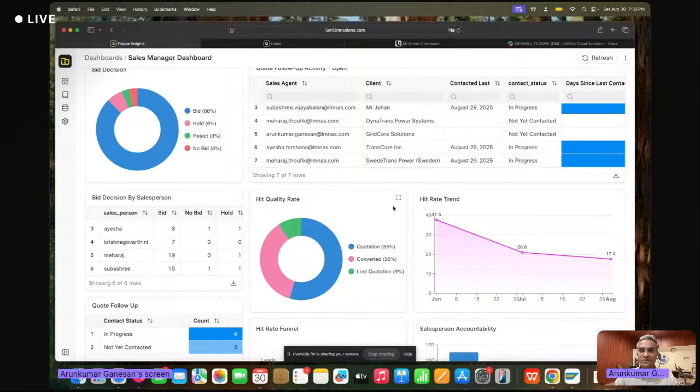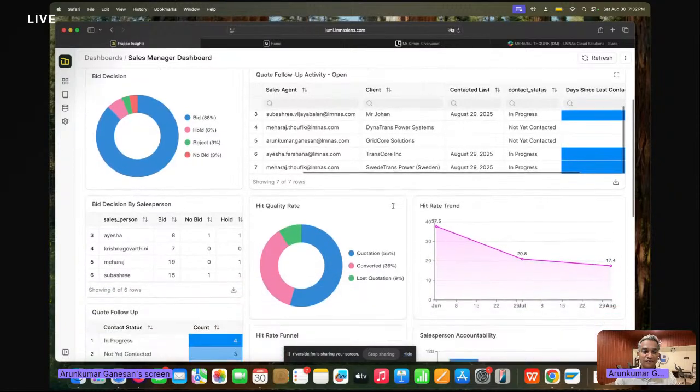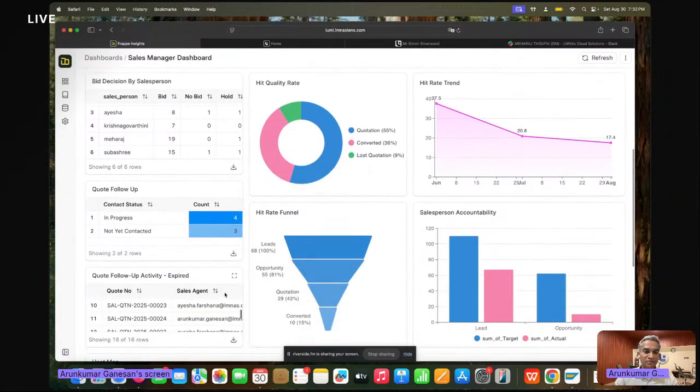Let's say a manager is asking a particular person, for example Aisha Farzana, hey Aisha, what happened? Why did this quotation get expired? Did you contact them? And she might say I am trying to contact, I have been in touch with the client or the customer, but when we get into the system, we will not find anything.